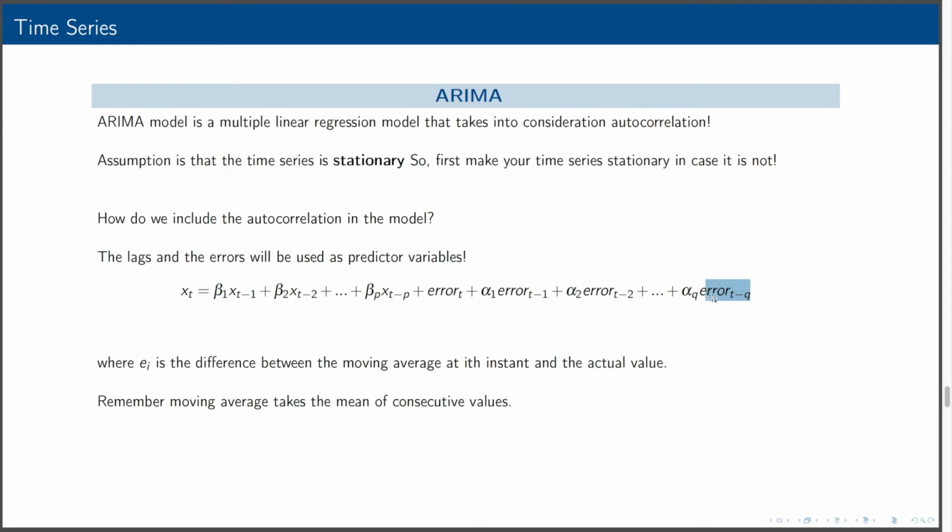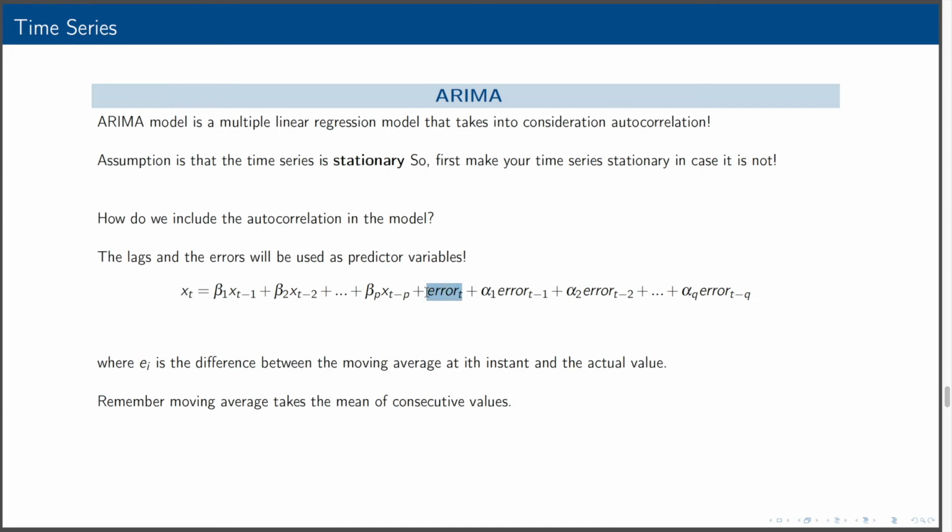But what is error? I haven't explained it actually. Error, which I call here E, is the difference between the moving average at a given point in time and the actual value. So if you remember, when we were using moving averages to find the trend, we would take consecutive values of the time series and average them and get an average value. And the difference between the real value and the average value between the points in the neighborhood, that would be like an error.